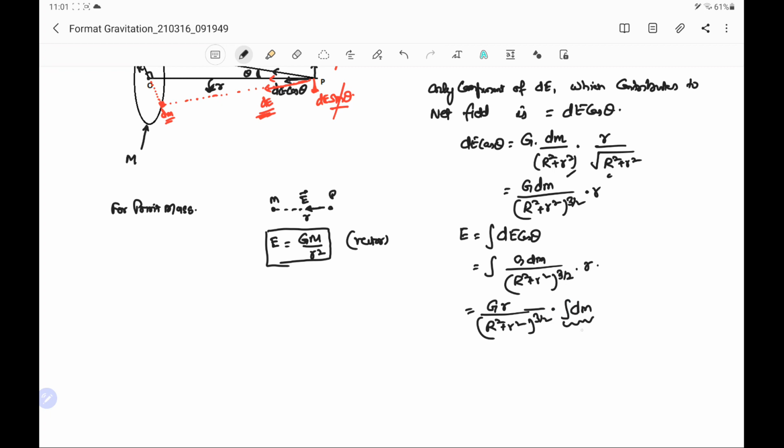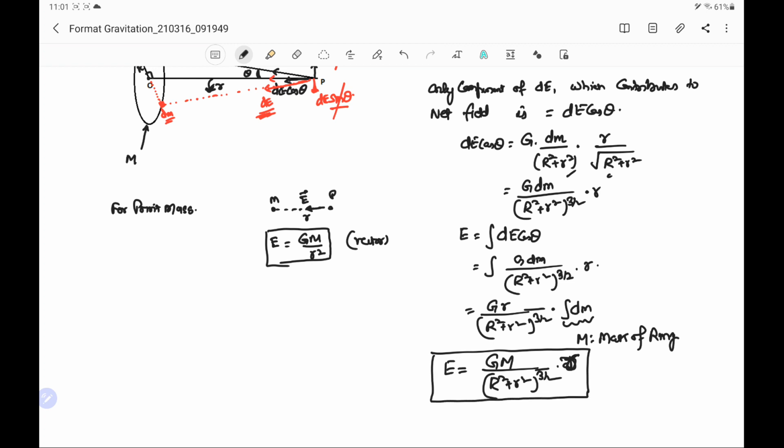And this sum of dm for the whole ring will be the mass of the ring. Therefore, we will get finally E equal to GM by R square plus r square raised to power 3 by 2 into r. This is the field due to the circular ring.